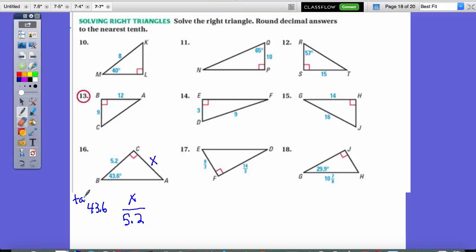Opposite over adjacent is tangent. So off screen on my scientific calculator, tangent of 43.6 times 5.2 is 4.95. So that's going to round to the nearest tenth, 5.